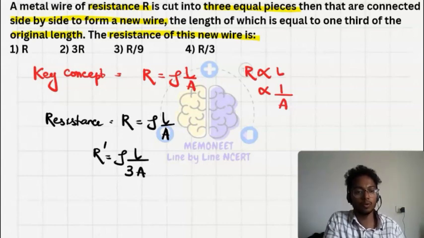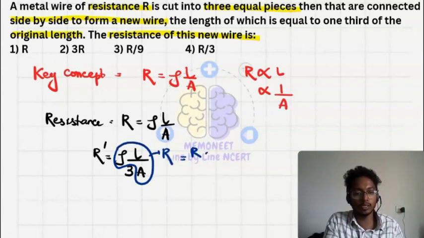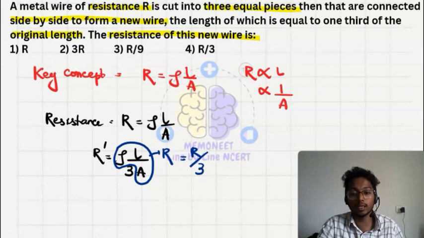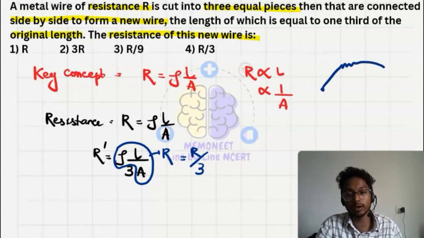Rho L upon A is the value of R, so the new resistance is R by 3 for a single wire. And it is told that these wires are joined side by side. Side by side means these 3 are joined in parallel.